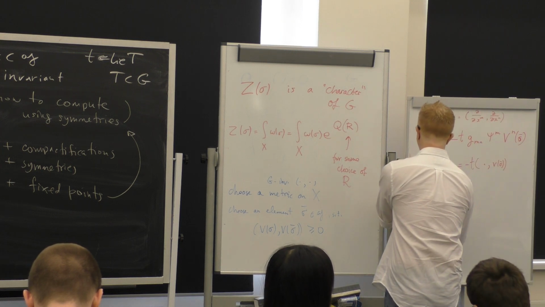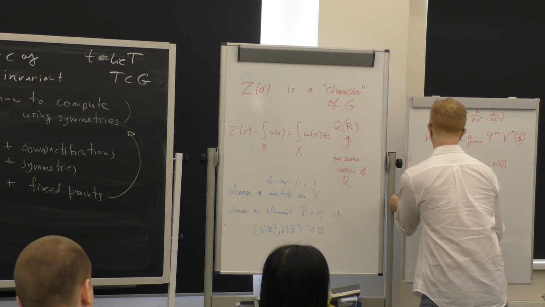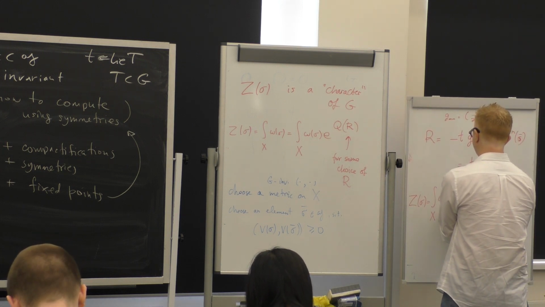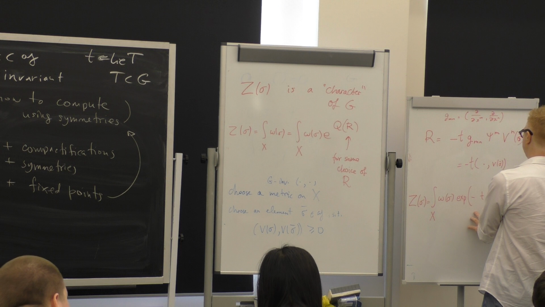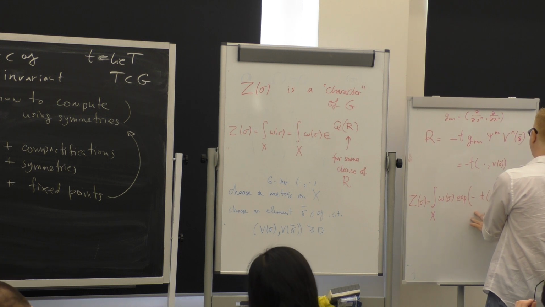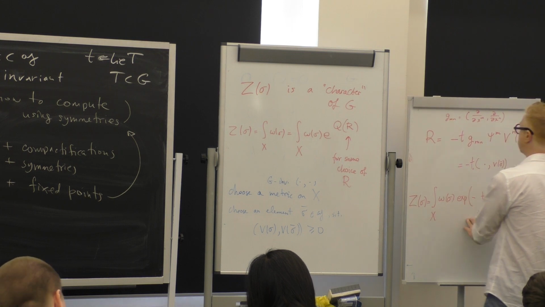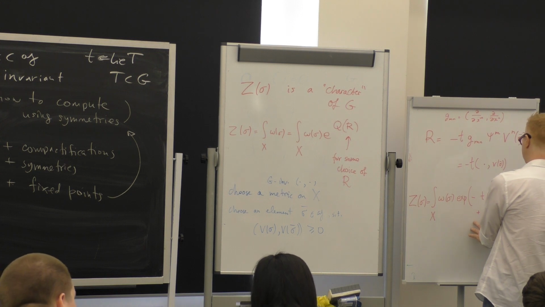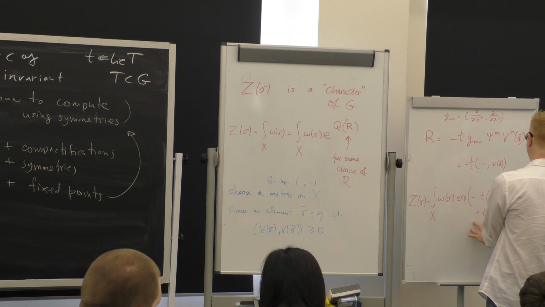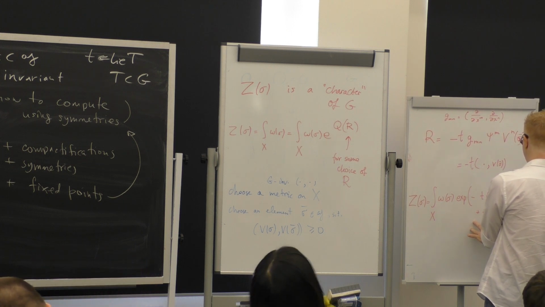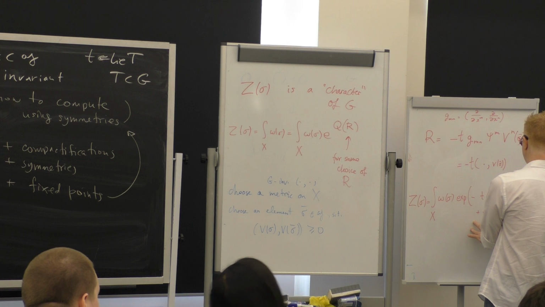So now Z of sigma is the integral over X of this old guy omega of sigma, and now it is multiplied by exponential of minus t, the scalar product of V of sigma with V of sigma bar, plus t, and then something like g_{mn} psi^m, covariant derivative of V of sigma bar, psi^k.